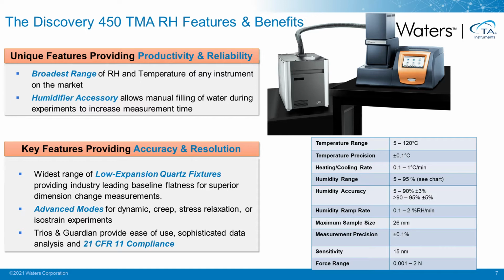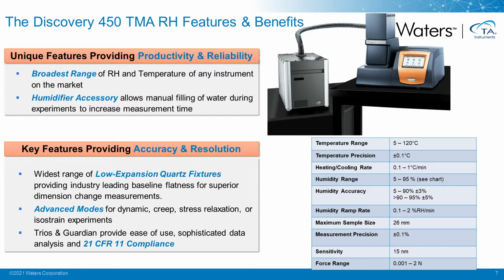You can measure creep, stress relaxation, or isostrain experiments. And this instrument is also 21 CFR 11 compliant. And again, there is a chart of some of the specifications. You can see here the humidity range is 5 to 95%, very similar to what it is on the Discovery SA, and the temperature range is 5 to 120.